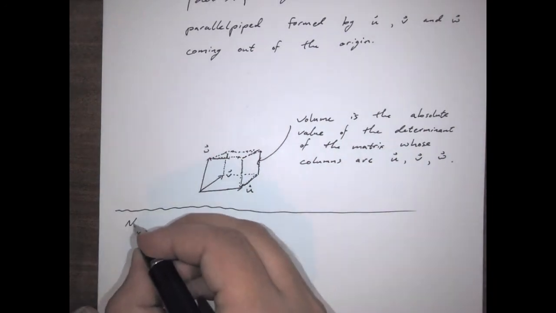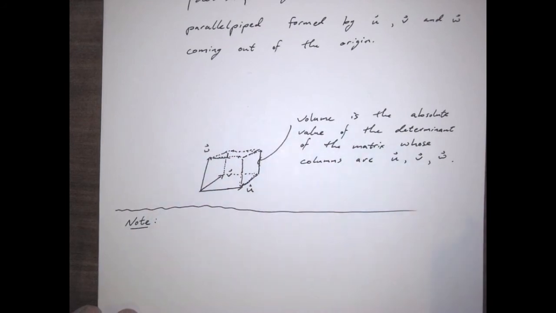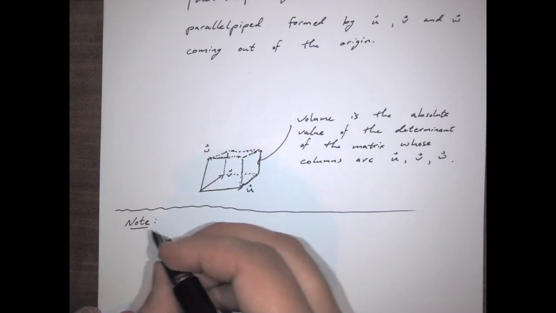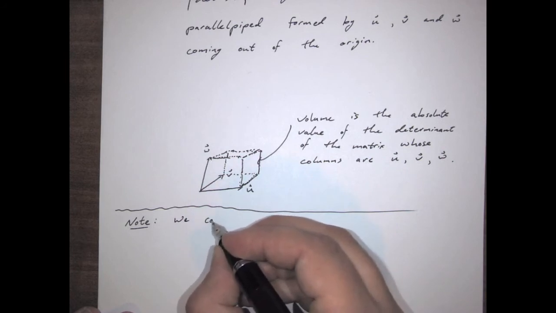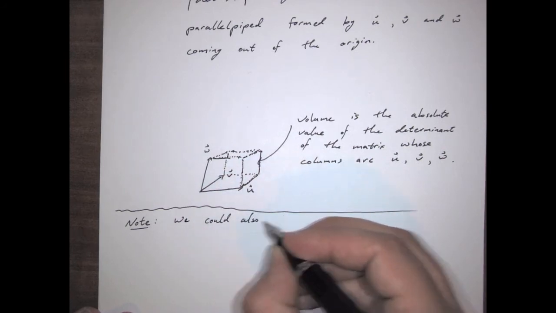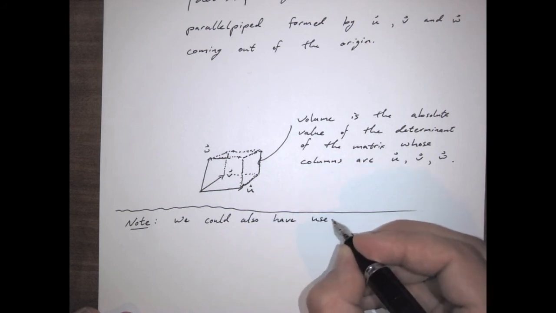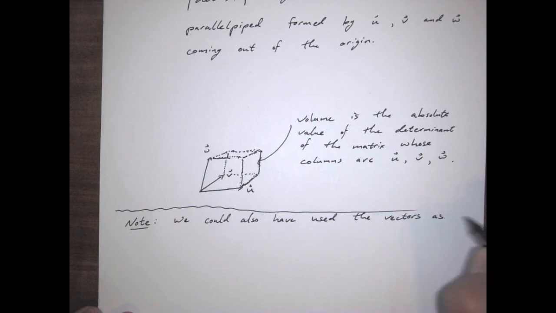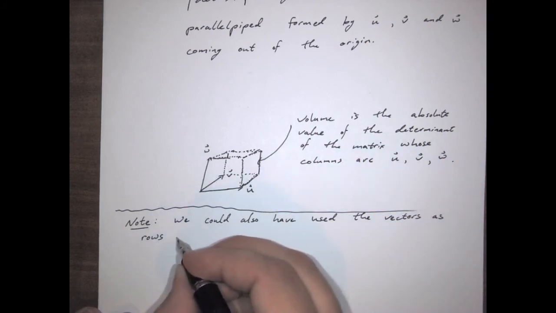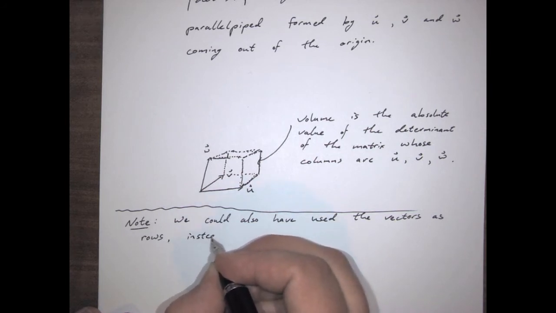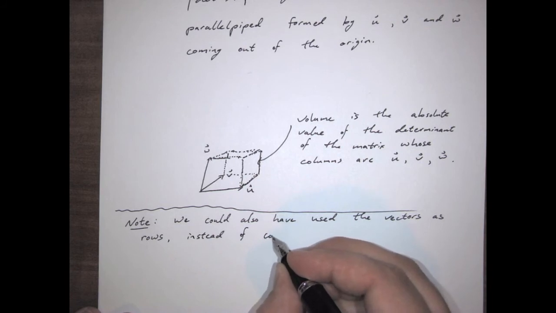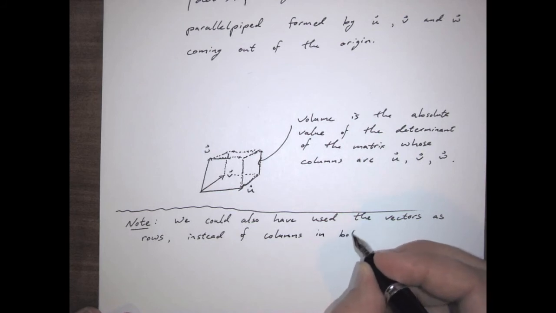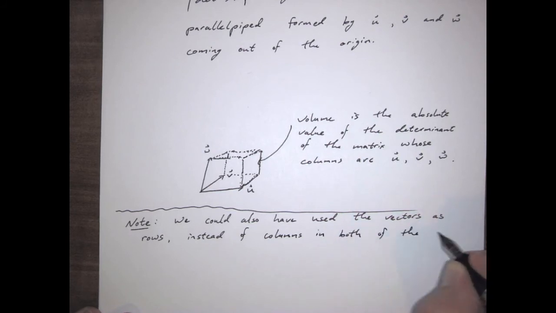Now note, because A transpose and A have the same determinant, we could have also used the vectors as rows instead of columns in both of the above.